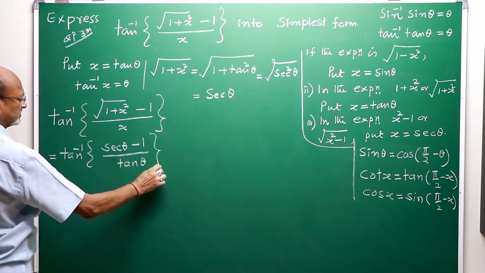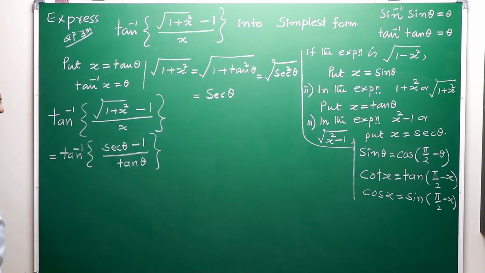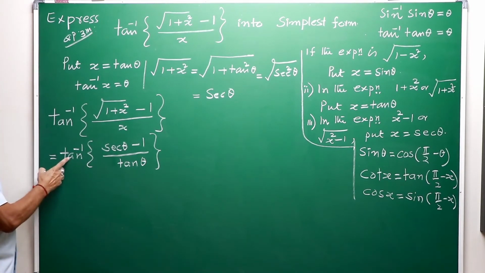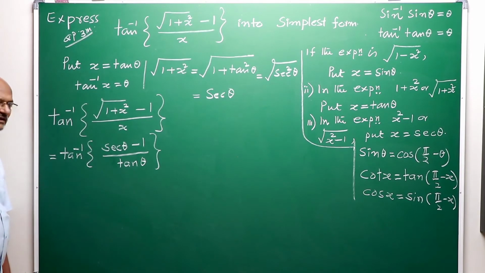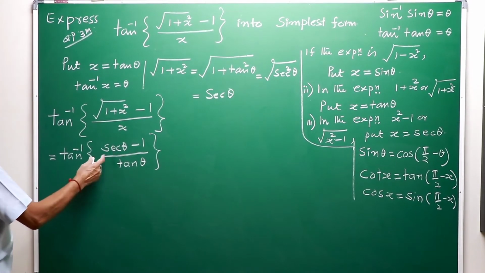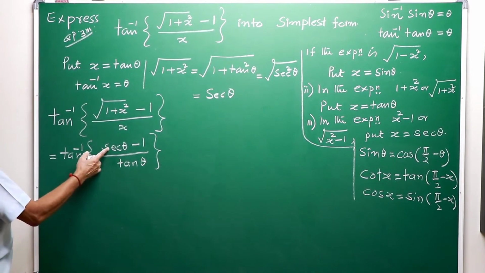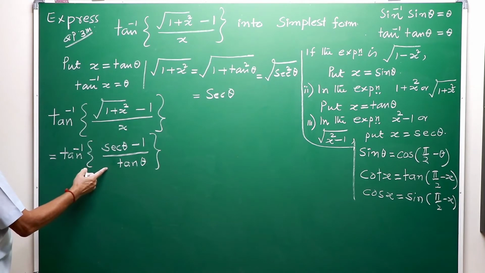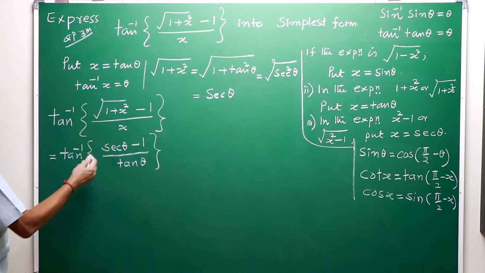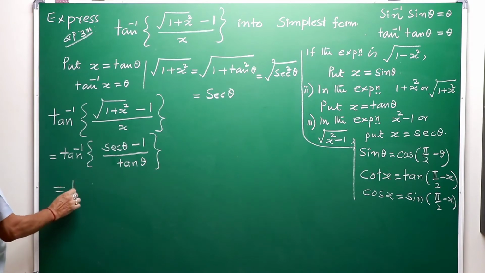The rest is simplification of this bracket; reduce it, since outside is tan inverse, waiting for tan. Sec is 1 by cos. Lift this tan to the numerator; 1 by tan is cos. Do these changes.